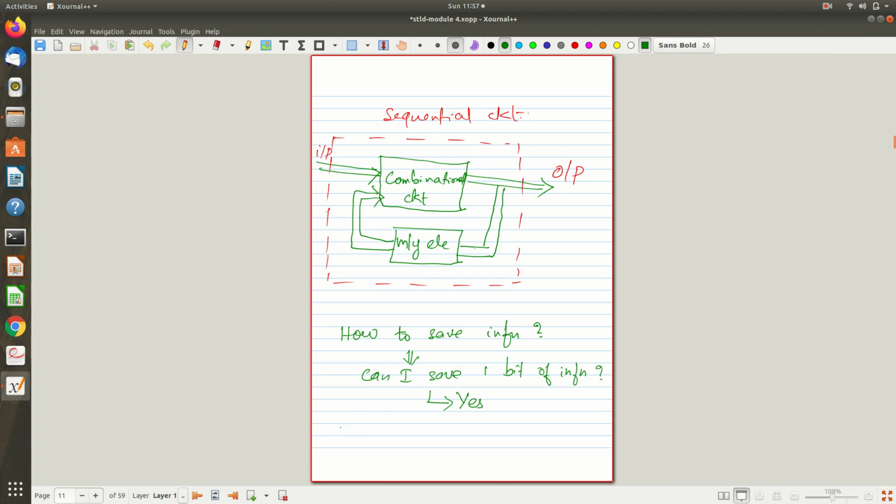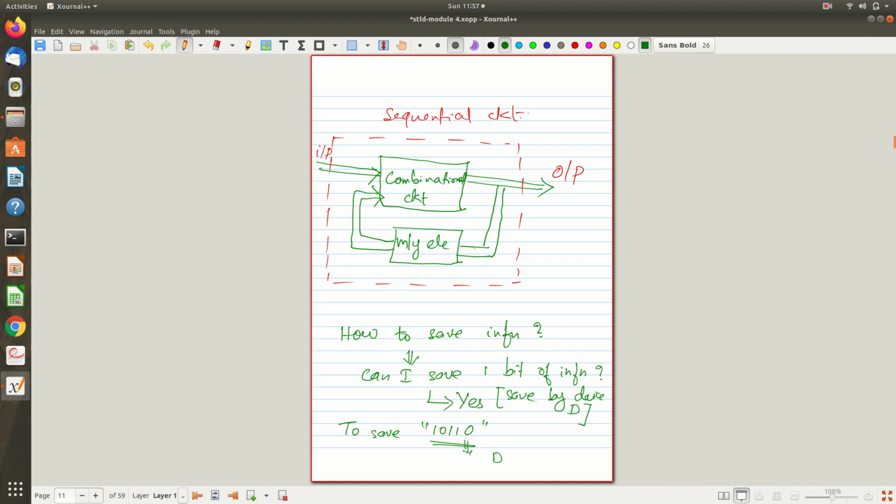Suppose, some random information I am taking, this particular one bit of information is saved by a device D. Some device I implemented, and using this device D, I am able to save a single bit. Now to save information, say here you can see 5 bits are there. What you have to do?